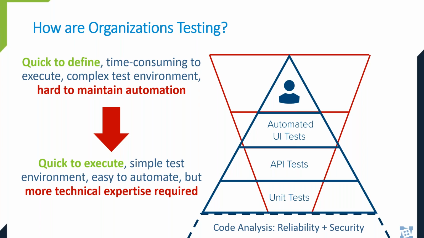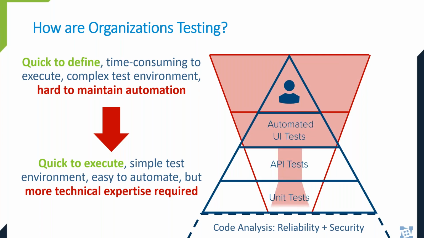We know that those tests at the high level of the pyramid, they're easy to create, a little difficult to maintain, because we understand how we can tie together user activities to an automated test. As we move down towards the bottom of the pyramid, we see less of these because these tests are a little more difficult to set up, to understand aspects of the code, and we definitely require a high level of technical expertise.